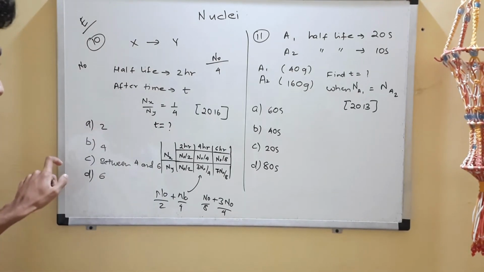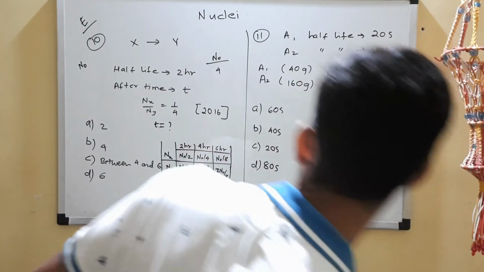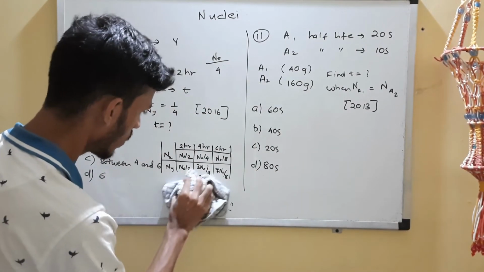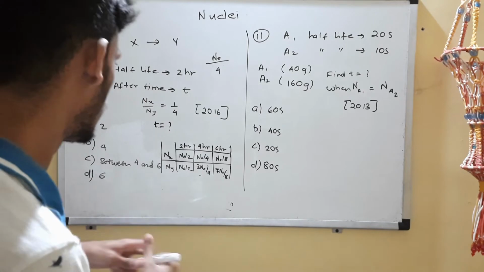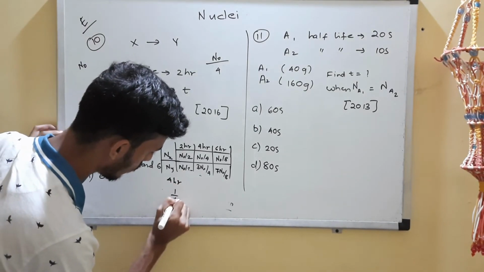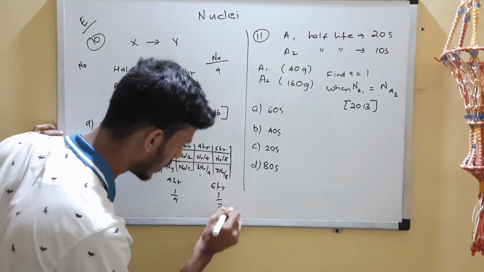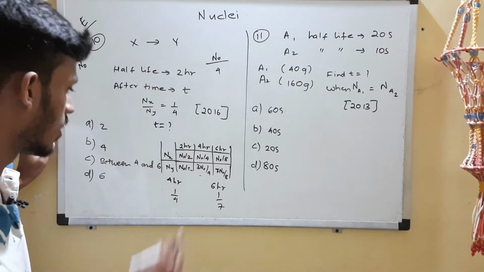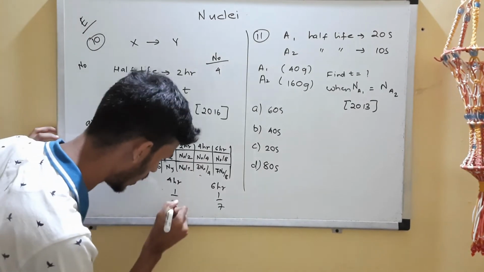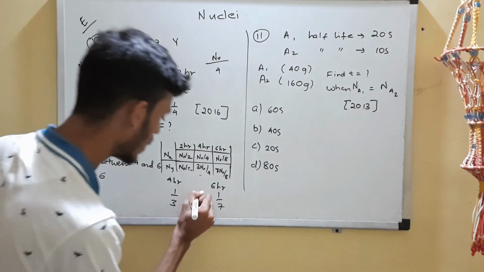So the correct choice over here will be between 4 and 6. Actually you can see it, let me show you. For 4 hours the ratio is 1 by 3, and for 6 hours it is 1 by 7. The thing that you want is 1 by 4.